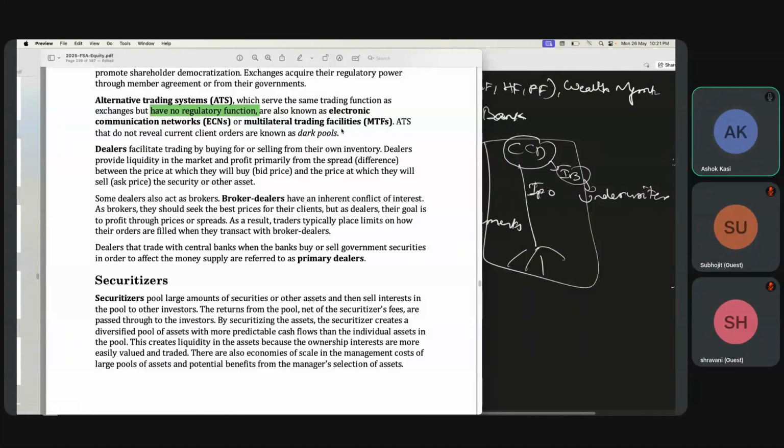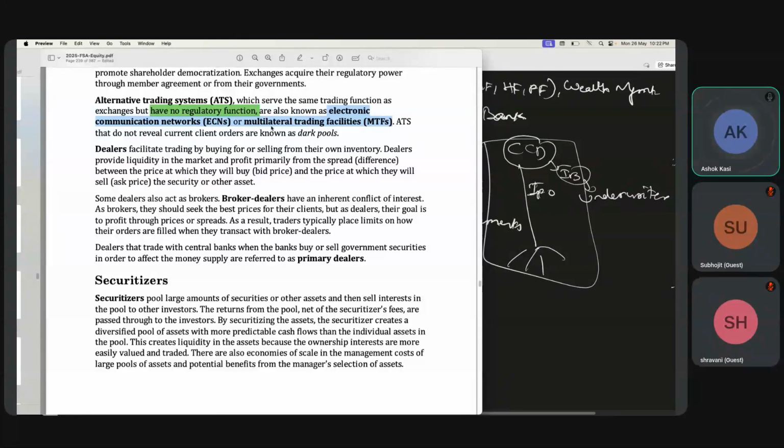Quite possible that they get traded over here. So this works through some network, electronic communication network, or multilateral trading facilities. So apart from the normal stock exchanges, there is another network also wherein people can buy and sell. It happens through the brokers network. So brokers have formed all this network, and their trading can take place.